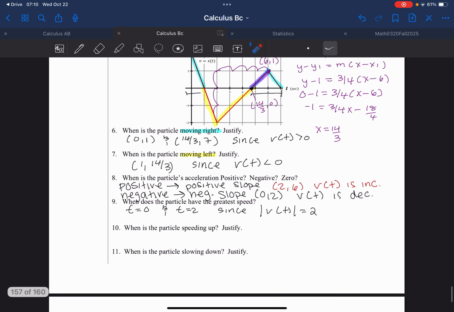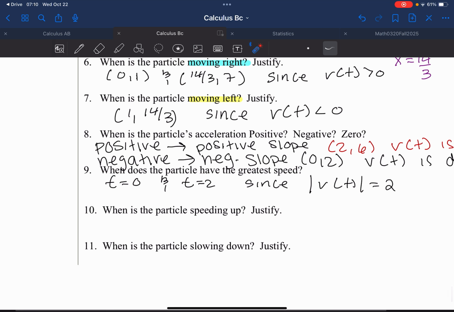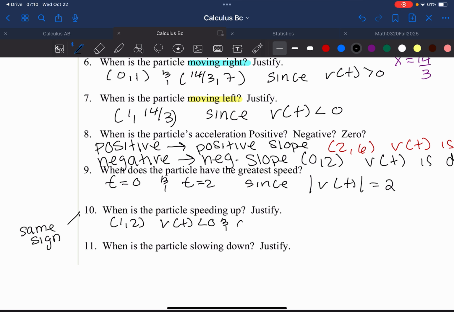Okay. Number 10 says, when is the particle speeding up? So remember, it's speeding up if it has the same sign. Okay, so we know it is speeding up at 1 to 2 because v of t is less than 0 and it's decreasing. And then we also know that it is speeding up at 14/3 to 6 because v of t is greater than 0 and it's increasing.